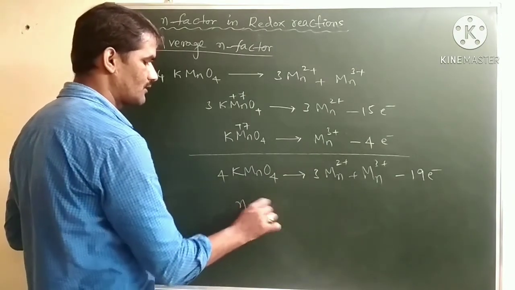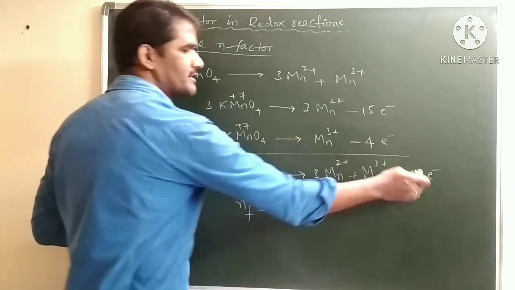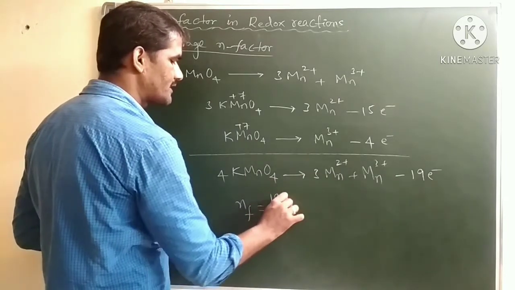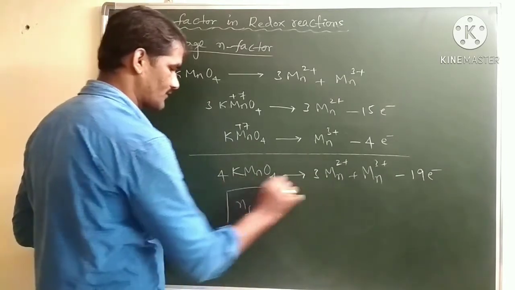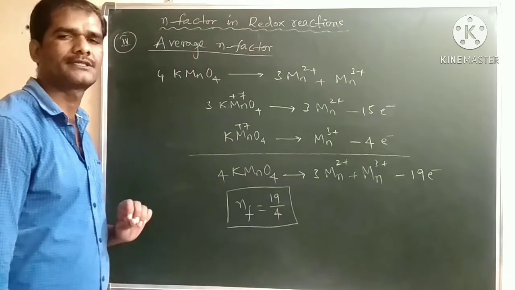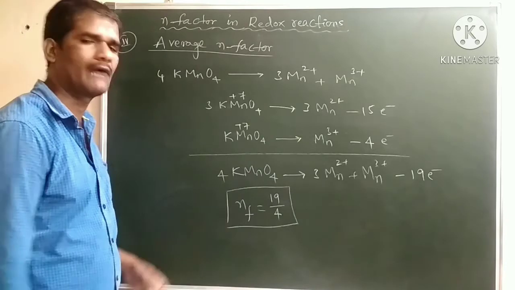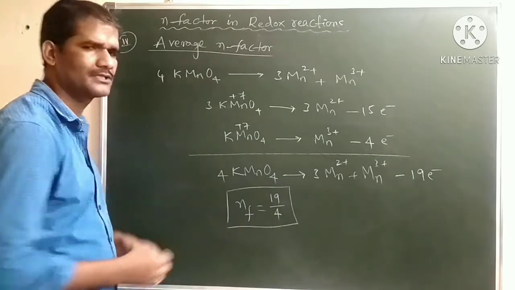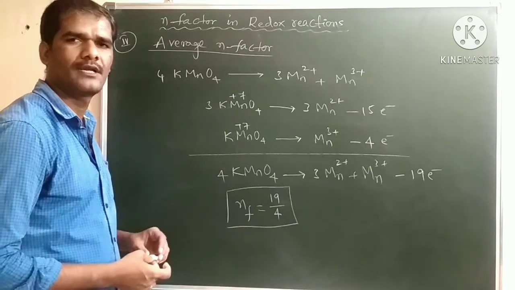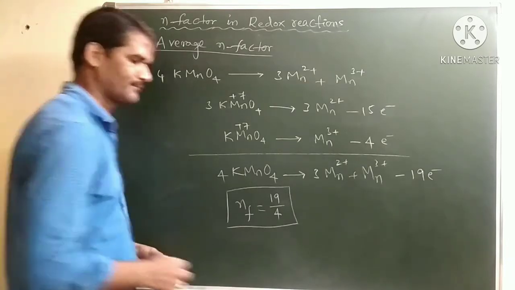Again per molecule: 4 molecules take 19 electrons, then 1 molecule takes on average 19 by 4. So this is the N factor for KMnO4 in this condition. This is the average N factor. Generally we calculate based on average calculations, so we give it the name average N factor.